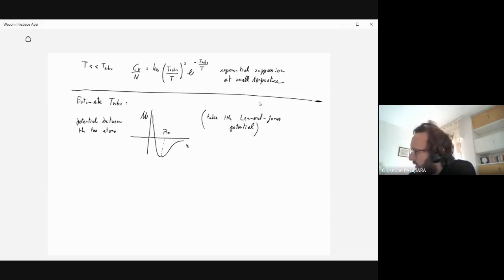So we can expand the potential U around the equilibrium point, which is the one associated with the minimum of the potential, as follows.